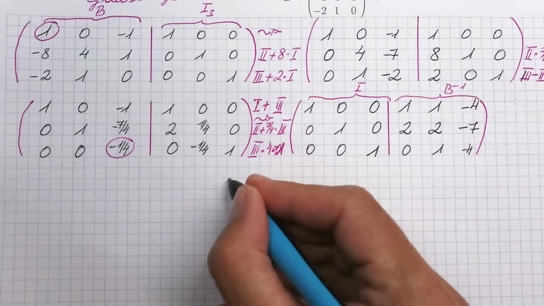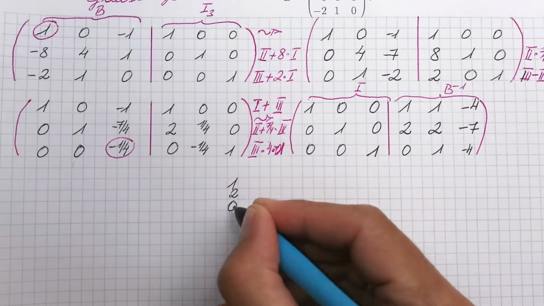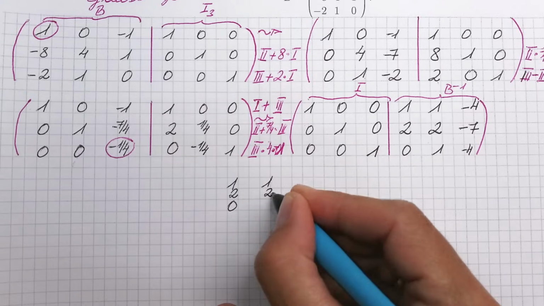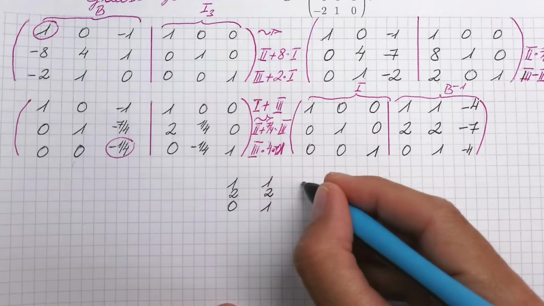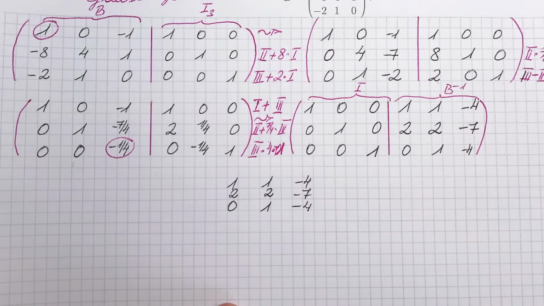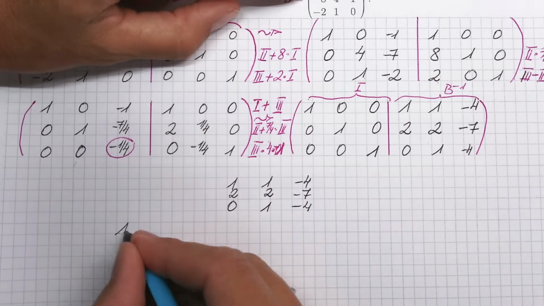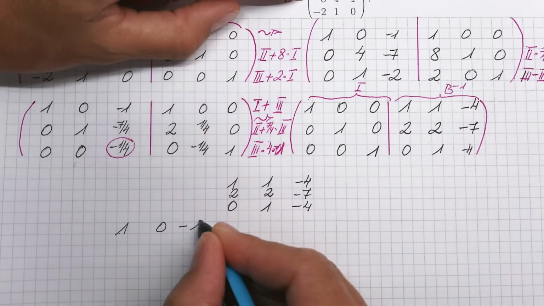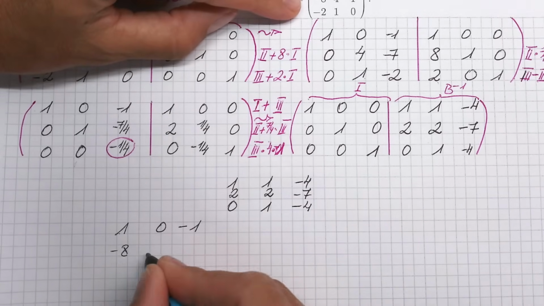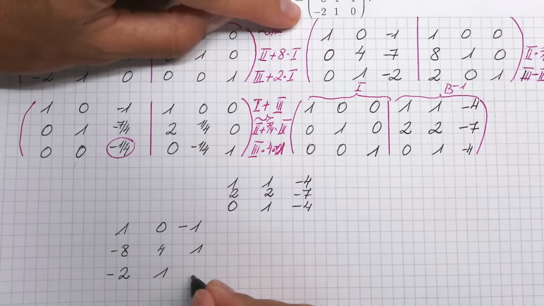Let's write that down. It has 1, 2, 0, 1, 2, 1, minus 4, minus 7, minus 4. And here, that's the original matrix that we had. It's 1, 0, minus 1, minus 8, 4, 1, and minus 2, 1, 0.